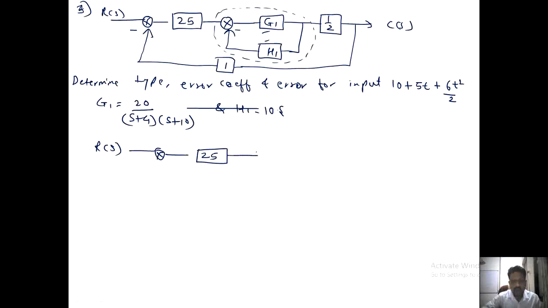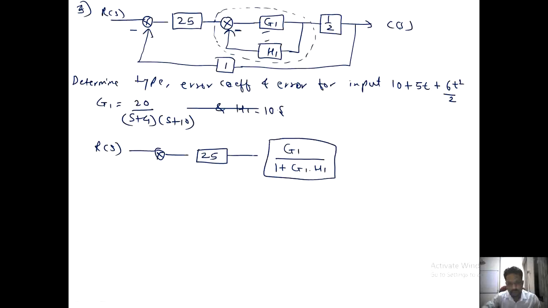And then what is loop law? Loop law is numerator by 1 plus or minus numerator into denominator, as we have studied in the very first chapter, block diagram reduction. So numerator is G1, so G1 by 1. If there is a negative sign, we should write plus. So numerator by 1 plus numerator into denominator, that is G1 into H1. That is the loop law.